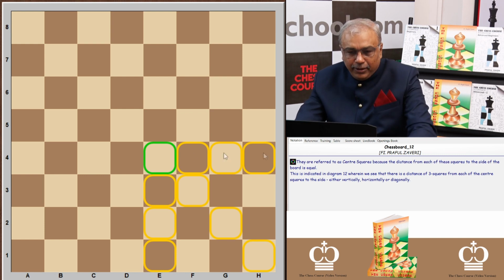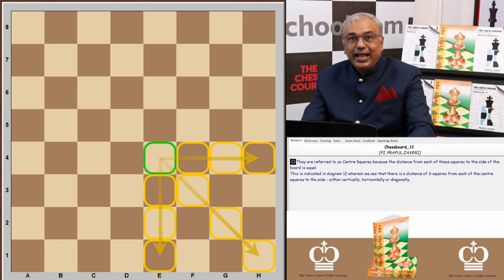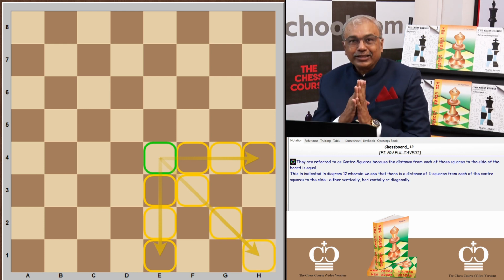Let us take an example. For example, this center square, and we measure it to the side here, say horizontally, then the distance is 1, 2 and 3. Let us also measure it vertically, and what do we see? 3 squares again, 1, 2 and 3. And of course diagonally, and then we see 3 squares, 1, 2 and 3. So that's why they are referred to as center squares.